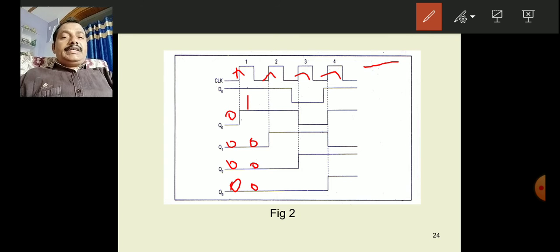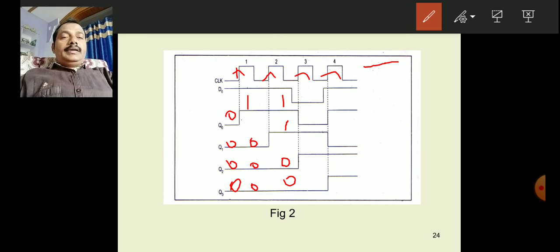In the second edge, D0 is 1, hence Q0 is also 1, it continues 1, and Q1 will take the value of Q0 on the second pulse, hence it is 1, remaining are zeros.